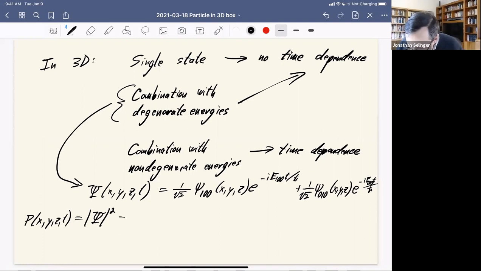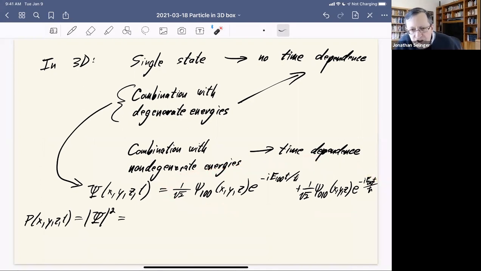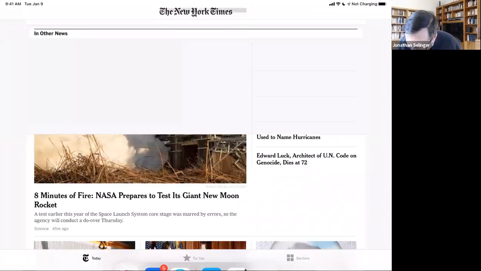Okay. So that means we want to take this wave function times its complex conjugate. So first, I'll write it out just to be clear. Okay, so that's this 1/√2 psi 1, 0, 0 e to the minus, well, psi star.